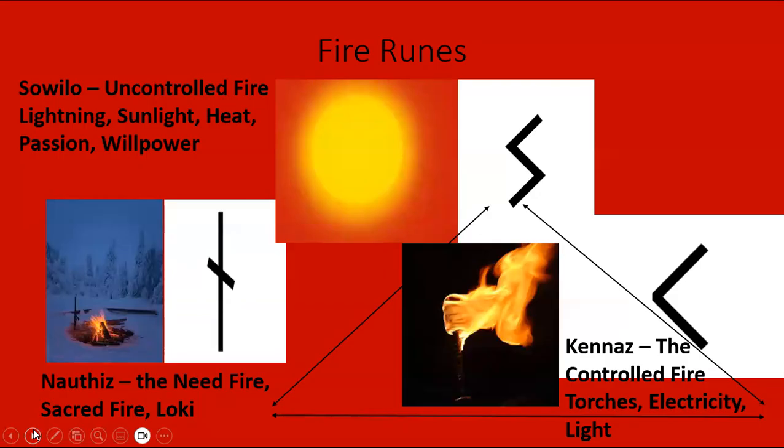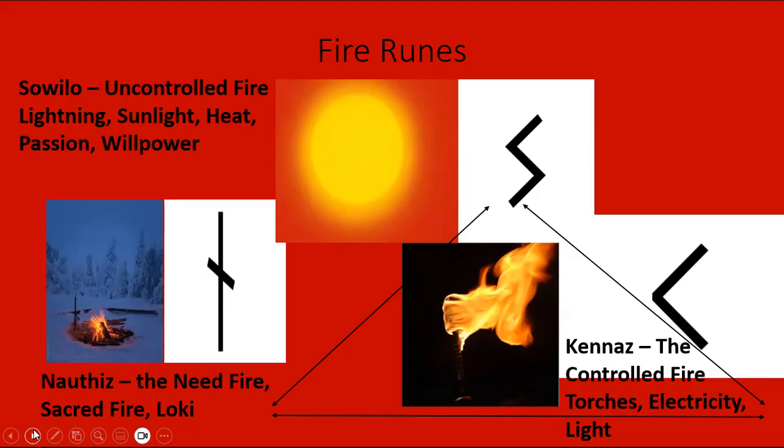A lot of times this rune was used by smiths. When you're working in the forge, you have that fire that's the literal tool of your trade, and it's that controlled fire that you take the knowledge, you apply the fire to it, and you come up with something new. So that's Kenaz's area of expertise.